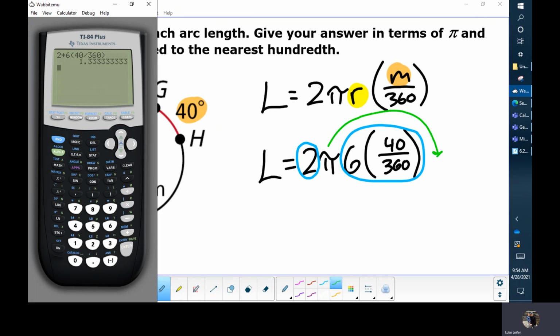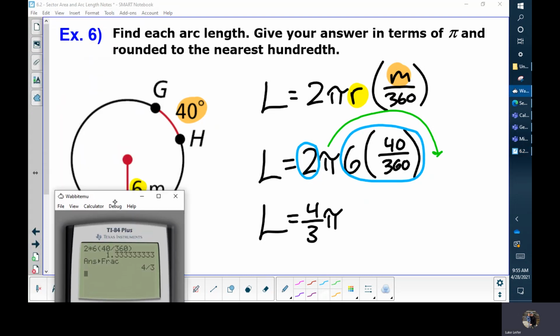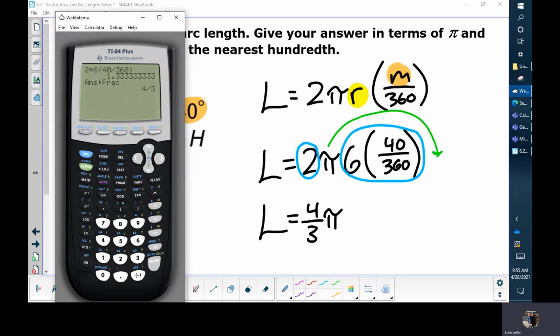Okay, this is the biggest mistake. Don't put 1.33 pi. I don't want decimals. Math, frac, 4/3. So L equals 4/3. I leave pi in the equation. And we are in meters.